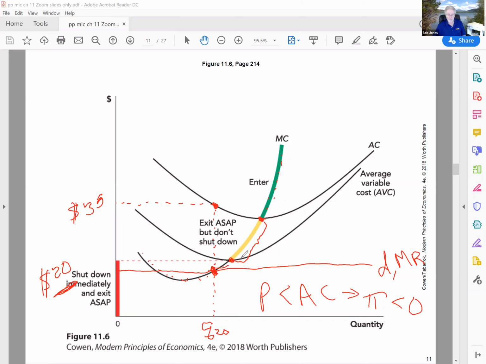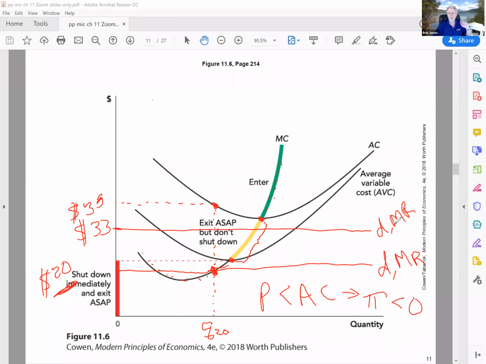We've got about 90 seconds. Let's see if we can do that. What if the price were in here at, say, $33? If the price is at 33, that means the firm can sell as much as they want, as long as they charge the market price. Their marginal revenue is going to be 33.